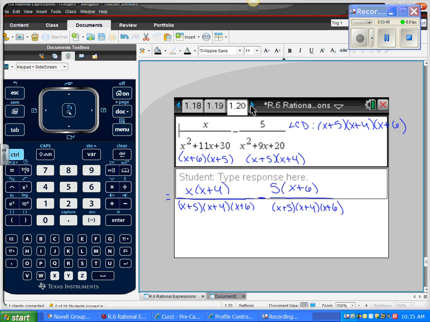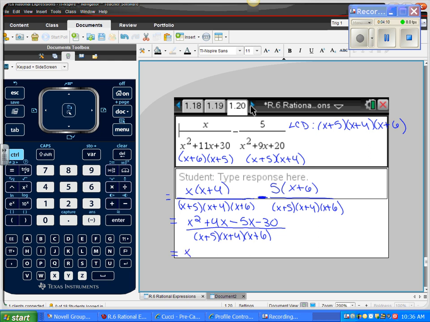Okay, we're going to distribute through: x squared plus 4x. Now we can distribute through, and see that minus there? We can distribute through that negative 5 if it makes it easier: negative 5x minus 30. And notice I'm bringing everything down with me, each and every step. I want to see all of the work.